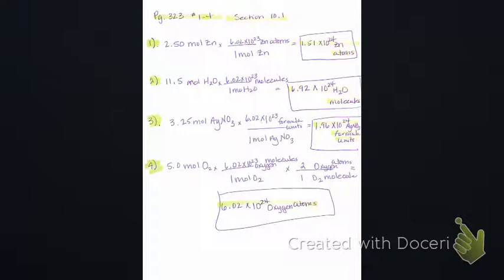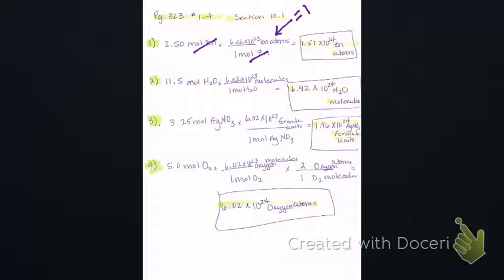Number 1 starts out with 2.50 moles of zinc, and we want to change that to atoms, okay? What we want to get rid of, of course, goes on the bottom, so those things will cancel. The important thing about this is that this is a conversion factor, and it must be equal to 1, don't forget, okay?